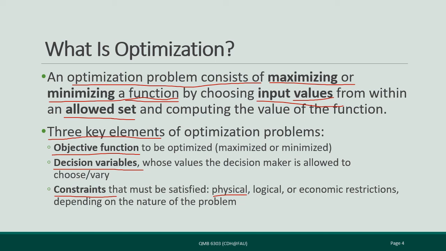A logical constraint is that most of the time, unless there's traffic, if you're going south, you may not want to turn north. And there's an economic constraint. Economic usually involves monetary or financial decisions.